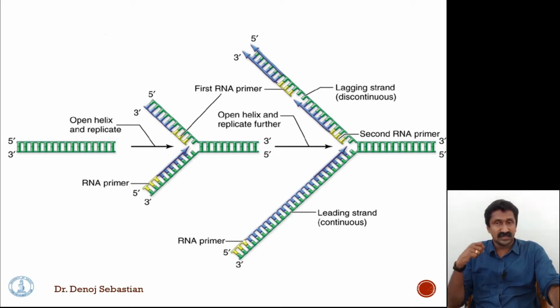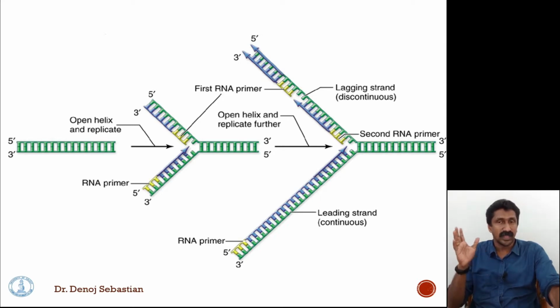And now we are saying that we have a single unit of the replisome, in which the primase, helicase and the polymerase 3 will move only in one direction, that is in the direction of the replication. And during the process, it will copy the lagging strand also. It will not move forward and backward, to and fro.